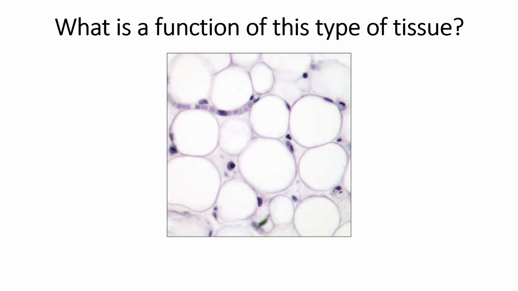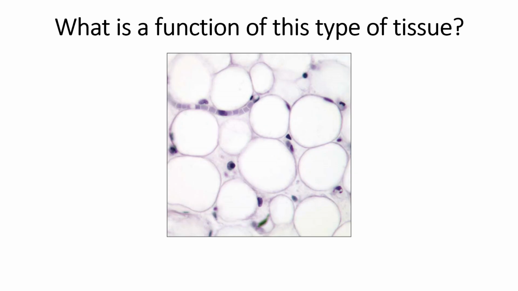No. Is it cartilage? Do we see lacunae? We see circular structures here, but we don't see the nucleus representing the cell inside, like the center. So not cartilage. So it has to be connective tissue proper, right?